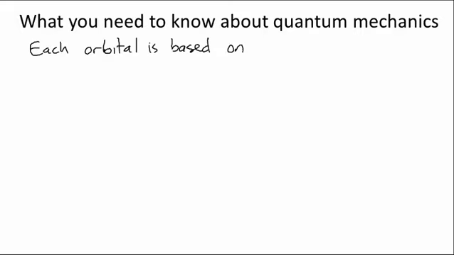Yep. All right. An orbital describes electron density. And where does that description come from? What's beneath that description? A wave function. So each orbital is based on a wave function.